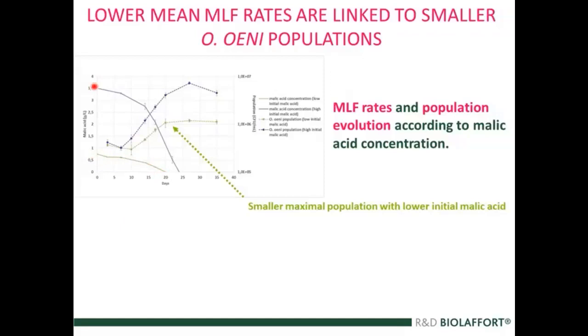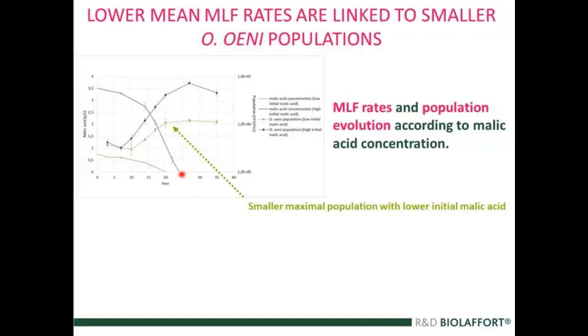And in another modality, the initial malic acid is at 3.5. Again, it's the exact same wine, except that it has been spiked with malic acid for one assay. You see that the time to achieve malolactic fermentation is longer when a higher initial malic acid concentration is present.